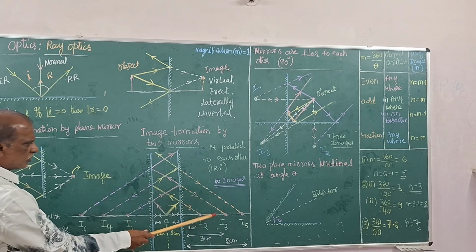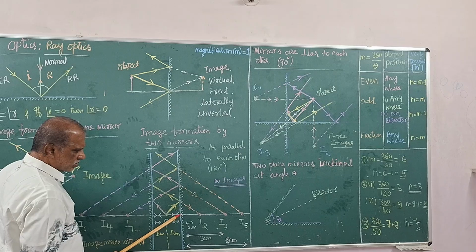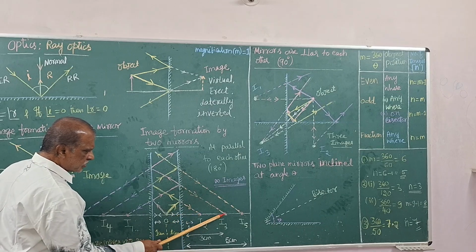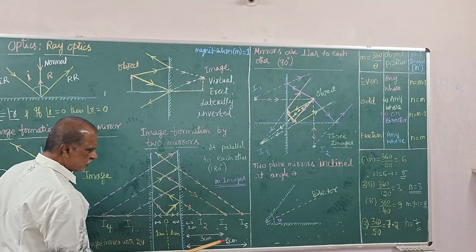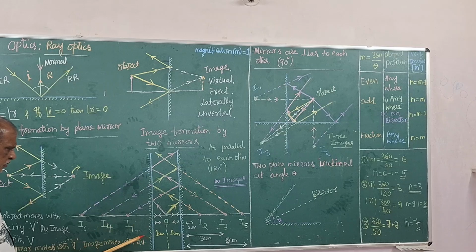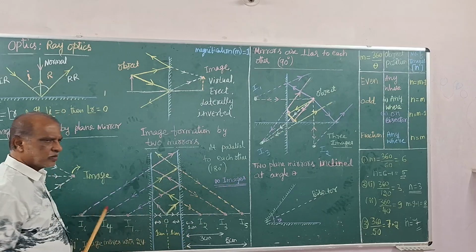So when you do the calculations, it is 1 centimeter between the image and the mirror, 3 centimeter, and then 5 centimeter. 1 centimeter, 3 centimeter, 5 centimeter. Similarly, we have 7 centimeter, 7 centimeter, 9 centimeter, 9 centimeter.